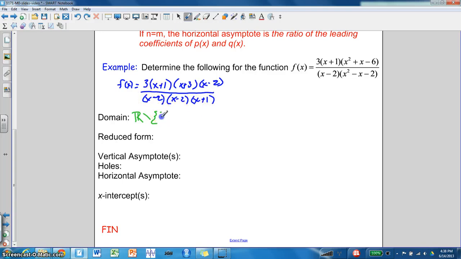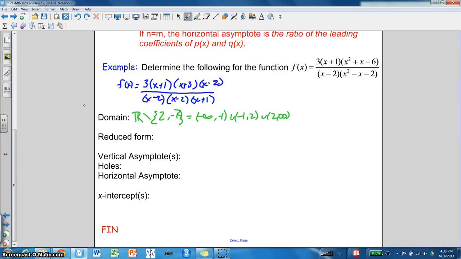That's positive 2, because that would make that 0, and that 0, or negative 1. Another equivalent way to write this is to use interval notation. You could say minus infinity to minus 1, union minus 1 to 2, union 2 to infinity. And there we go. Now I've stated the domain.